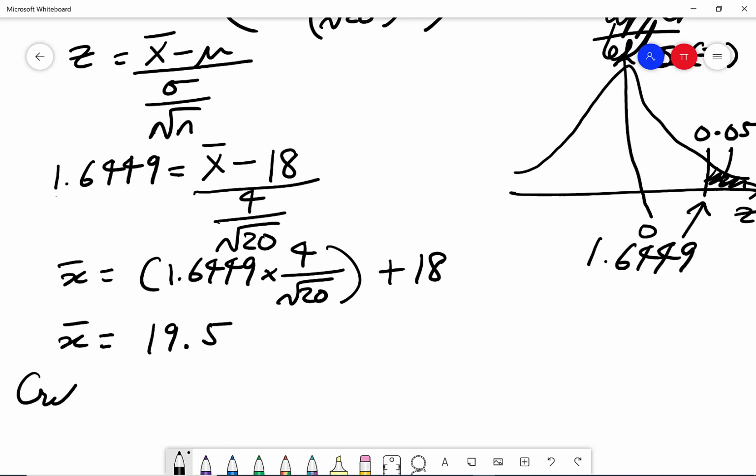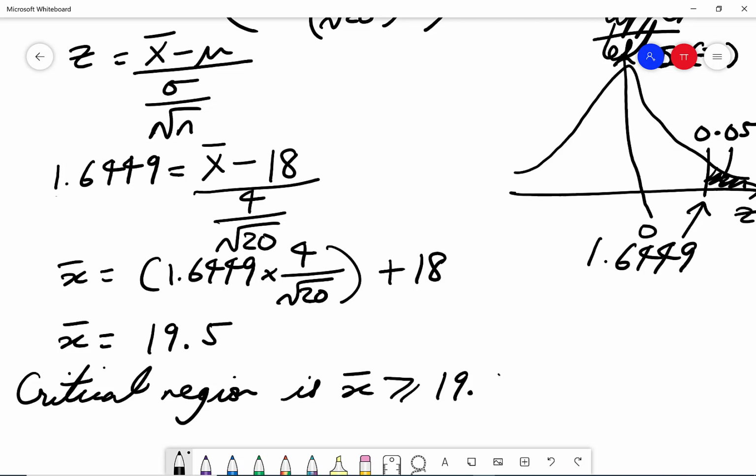So we can say that our critical region is x bar, and because our alternative hypothesis is greater than, it will be greater than or equal to 19.5.